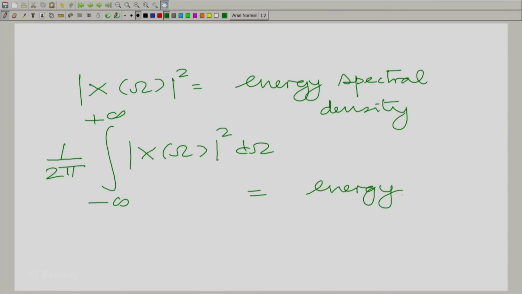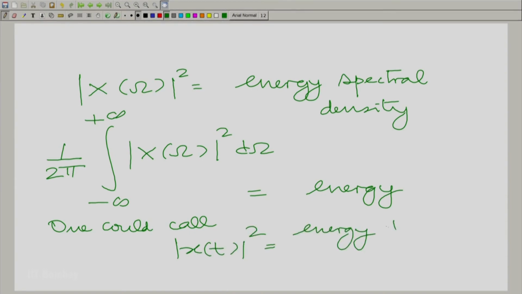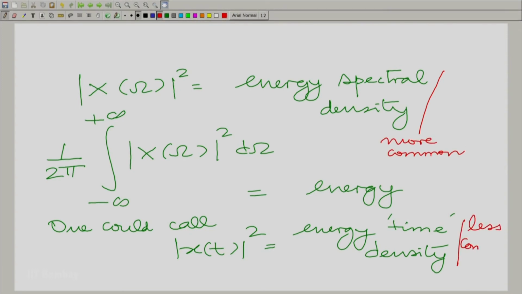So, if one really wants to be symmetric, one could call |x(t)|^2 the energy time density. You do not have to do it. This is more commonly used as a term. This is less common, though we could use it to be symmetric.